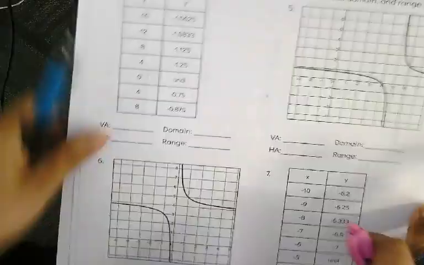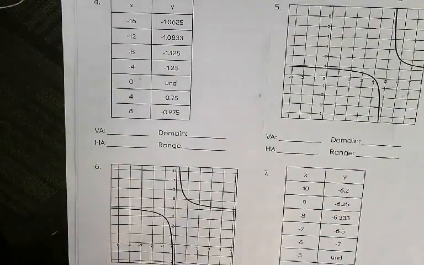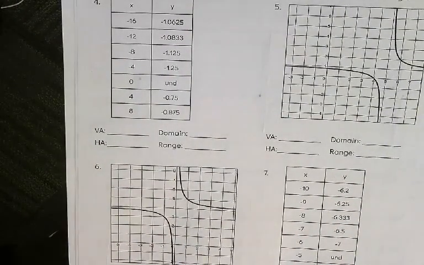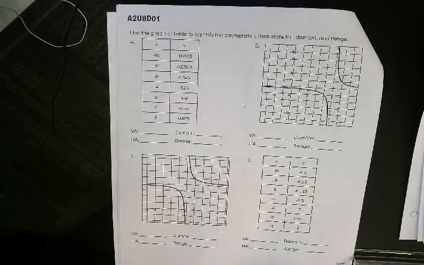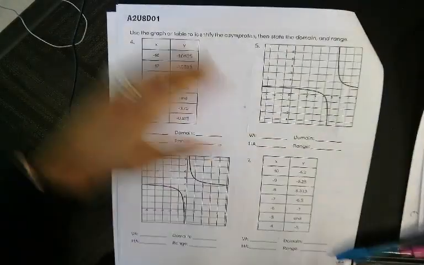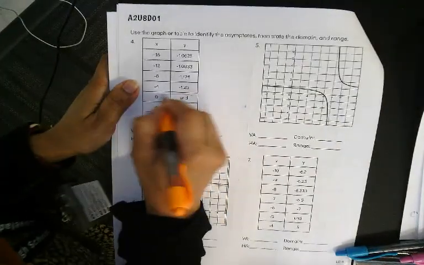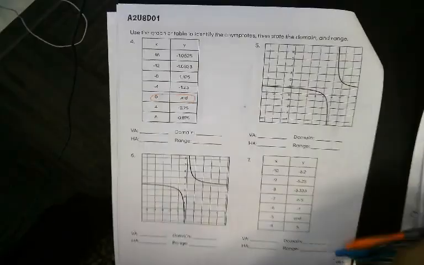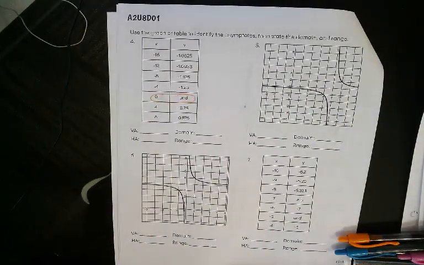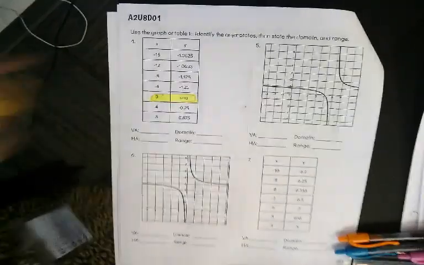If you are given a table or a graph, we can ask you to find the vertical asymptote and the horizontal asymptote, domain, and range. If the table is given, it's very easy because you can see this is undefined. Since this is undefined, that's going to be the vertical asymptote.